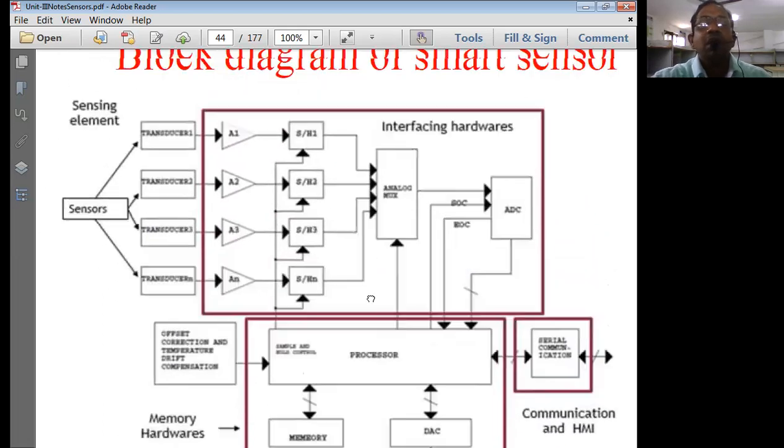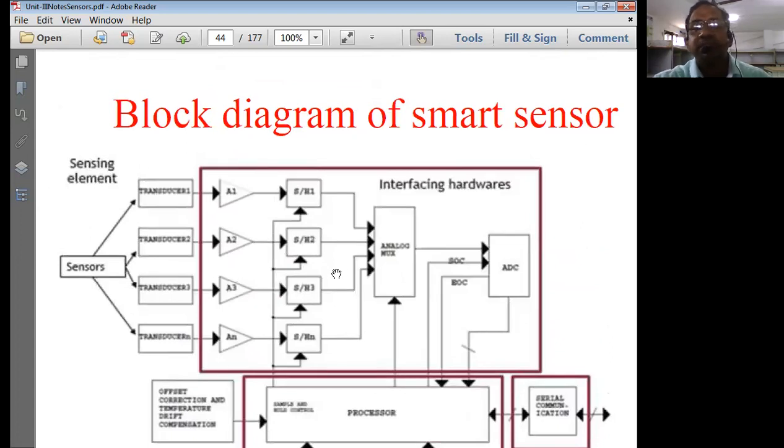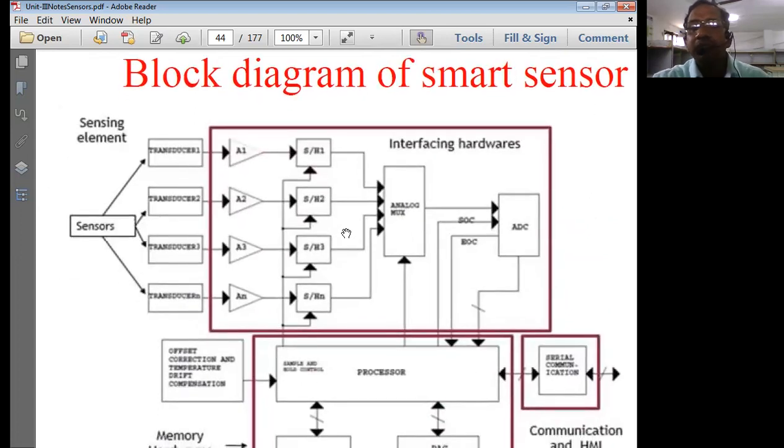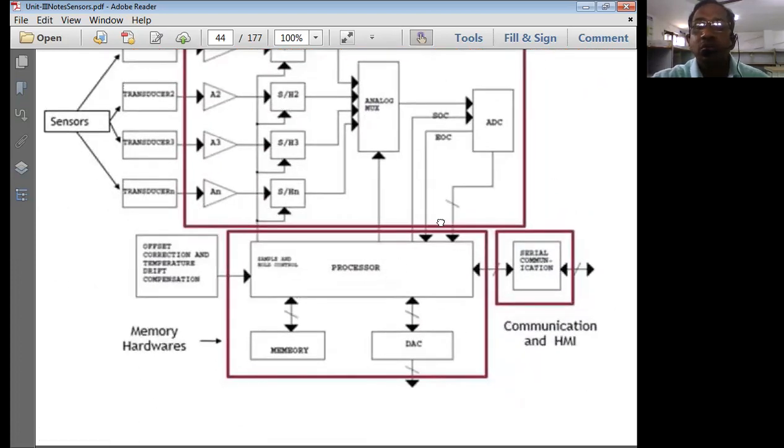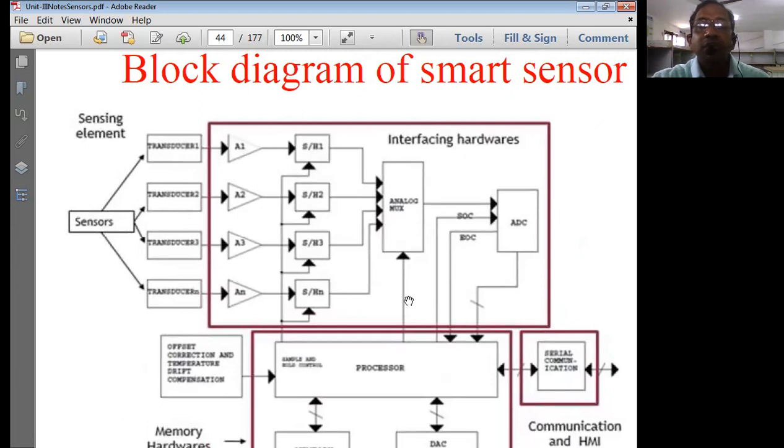Whatever concepts we just discussed all come together in the block diagram. That means a smart sensor is a combination of all these things. All these put together is called a smart sensor. If you want to remove the smartness, you simply keep only the sensor block.